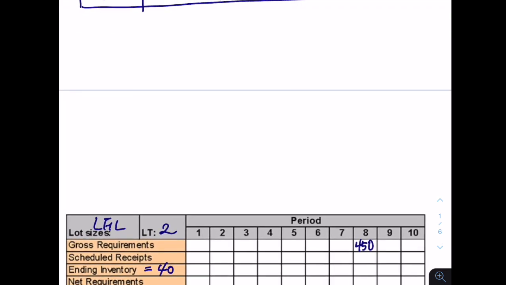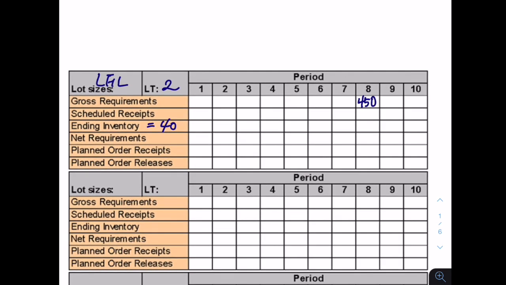So this is for Z. Now, let's start to fill in some other numbers in this matrix. We will keep this ending inventory 40 until week 7. Let me continue to fill in this information. Now it is week 6, week 7, and week 8. We have 450 demand.